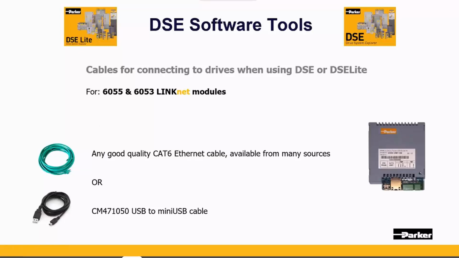And in that case, if you're on a network, you could be plugged into the switch that connects many drives together and program any of those drives from that point, or you could plug directly into the Ethernet port that's on that LinkNet module, but then obviously you wouldn't be connected to the network at the same time. Or you can use the same mini USB cable that goes with 890 programming and use this USB port, leaving the Ethernet connection intact. So there are two choices for LinkNet modules.